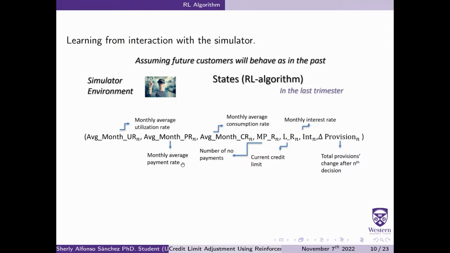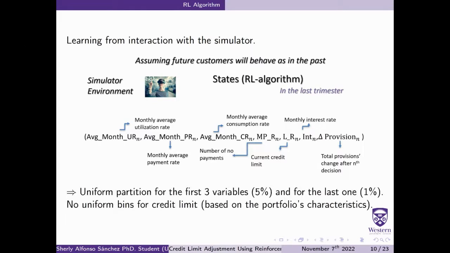Also, we consider the monthly average payment rate, the consumption rate, the number of non-payments during the last 3 months, the current credit limit, the monthly interest rate, and also the change in the provisions after the end decision. This was because we wanted to apply traditional reinforcement learning, which needs discretization.